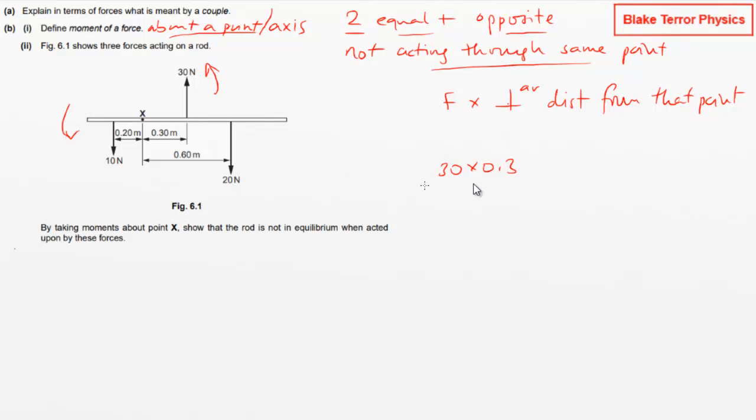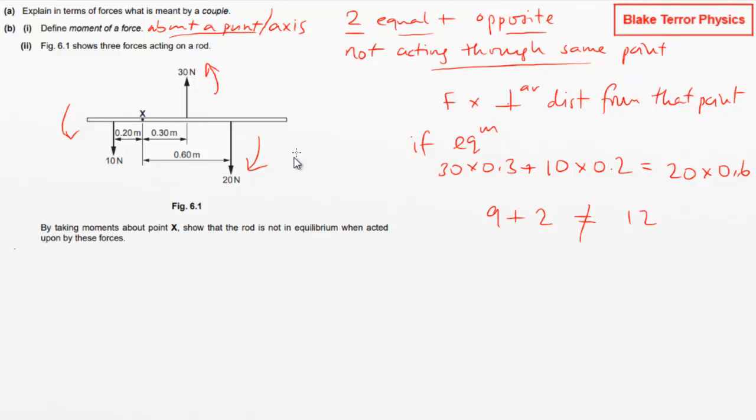And that one's anti-clockwise, plus 10 times 0.2, and that's got to equal our clockwise one, if we were in equilibrium, of 20 times 0.6. So we've got 9 plus 2 equals 11, against 12, so it doesn't. So they're not in equilibrium.